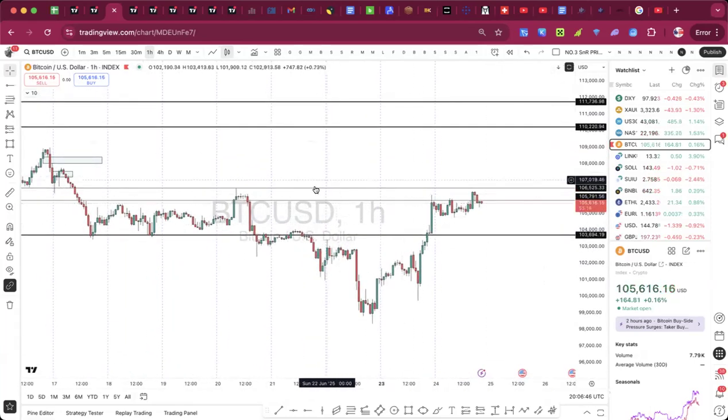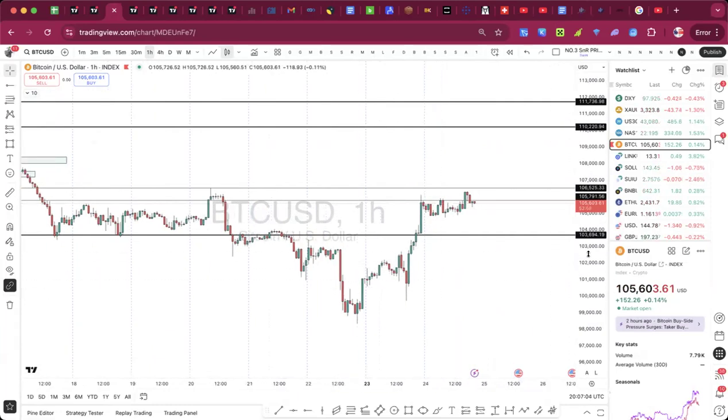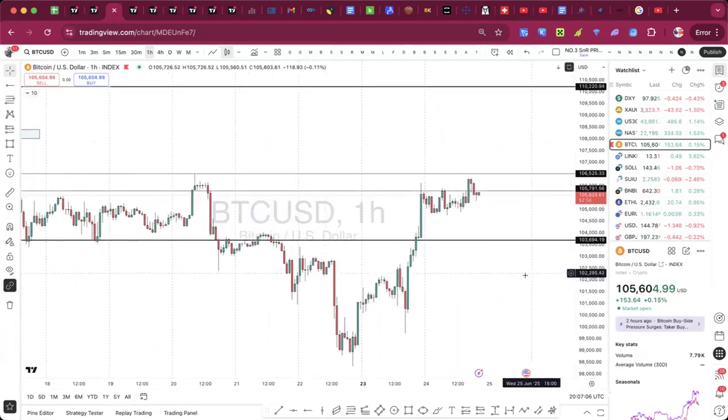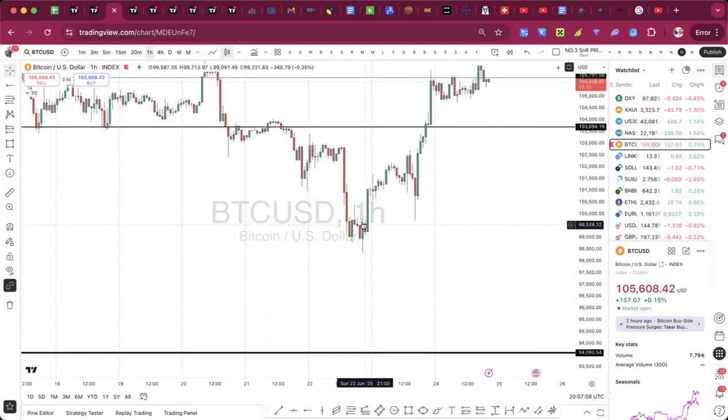Now you can see Bitcoin, where it's contending is here. Once able to break that 107,000, then we'll go to that 110,000. But imagine when I was talking on Sunday that the moment we cross 100K, somebody was asking me about a pullback the other time. Why is it certain that some pullback will happen?